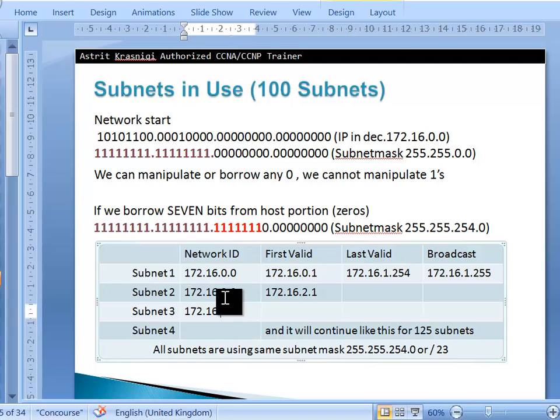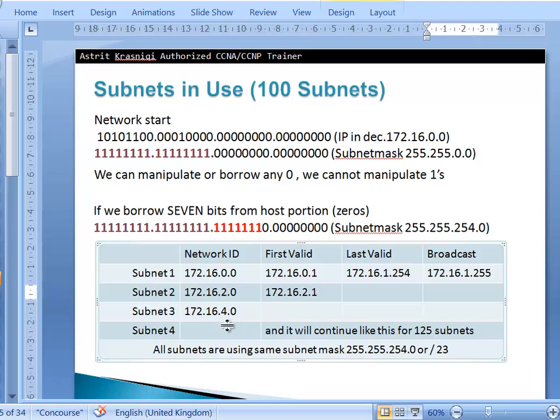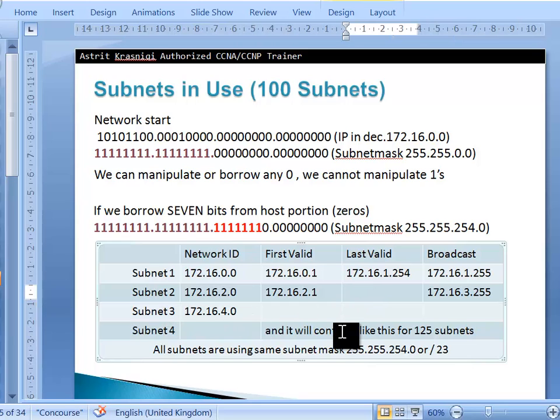So 2.0 plus 2 is 4.0. Subnet 2's broadcast address is the subnet 3 ID minus 1. So 172.16.3.255. The last valid address is the broadcast minus 1. 172.16.3.254.